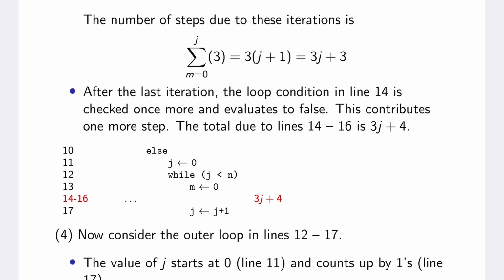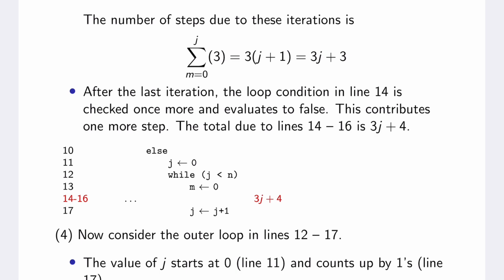And then we get a number of steps for the inner loop. Notice again that it depends on a number that is outside of that loop. So the number of iterations that the inner loop takes is going to depend on the current iteration of the outer loop.